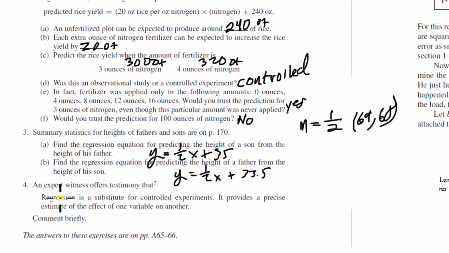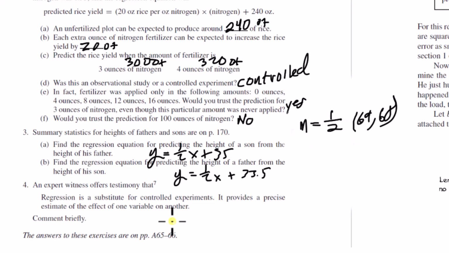Okay, an expert witness offers testimony that regression is a substitute for controlled experiments. It provides a precise estimate of the effect of one variable on another. No. That's what we just talked about at the end of this section. It is absolutely not a substitute for controlled experiments.